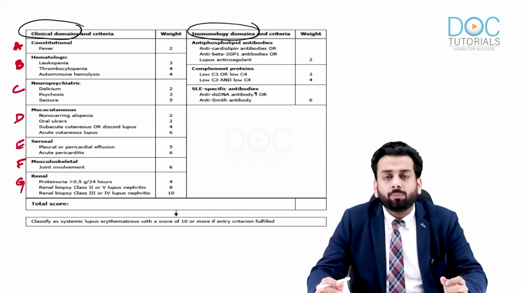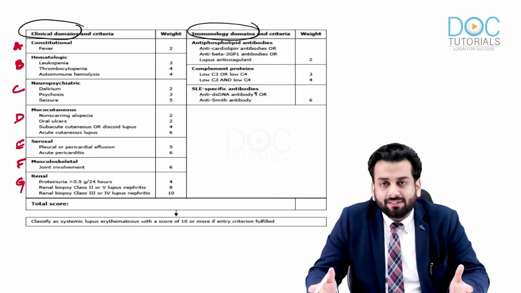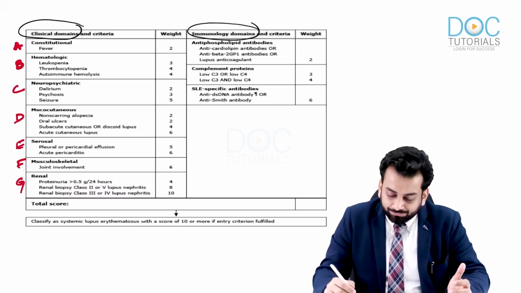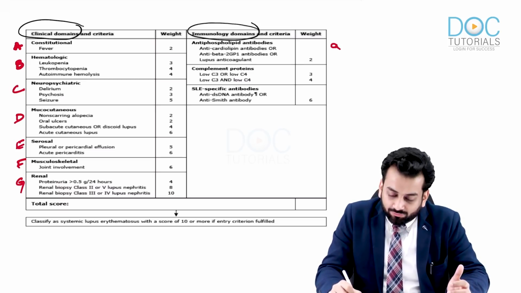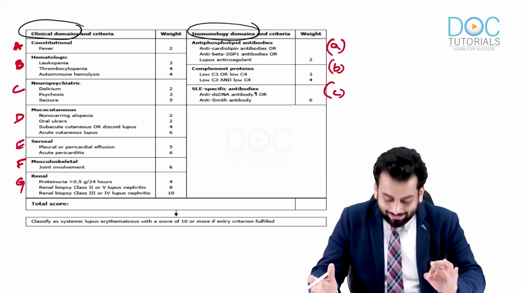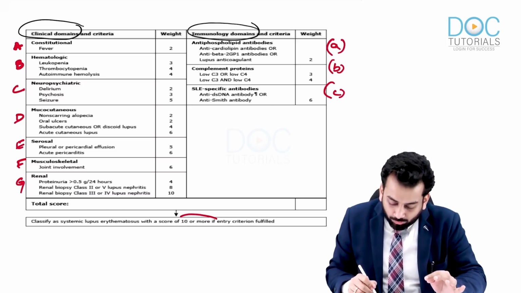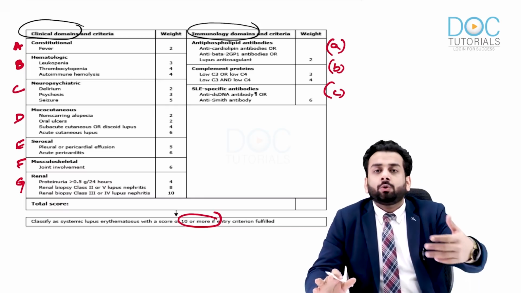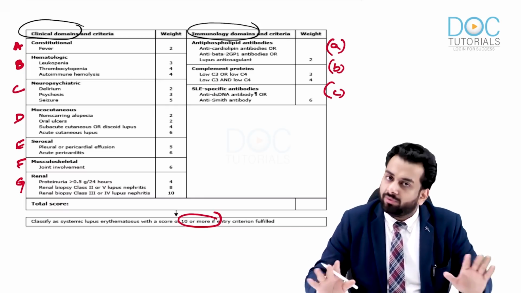The immunological domains are the specific SLE antibodies, including the anti-dsDNA and the anti-Smith, then the anti-phospholipid antibody, then the complement proteins. Cumulatively, a person must have a score of 10 or more to be diagnosed as lupus, in addition to the mandatory entry criteria, not to be forgotten.